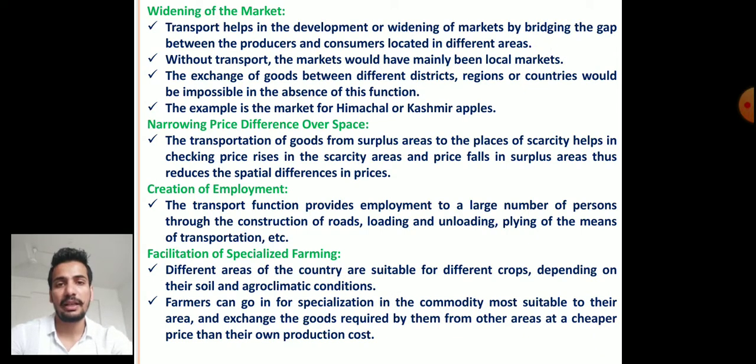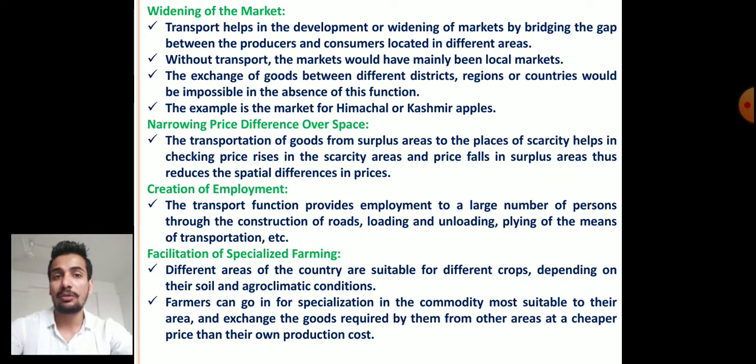So first advantage is widening of the market. How is the market widened or expanded through transport function? As we know, transport helps in the widening of the market by bridging the gap between producers and the ultimate consumers, which are located in different areas.